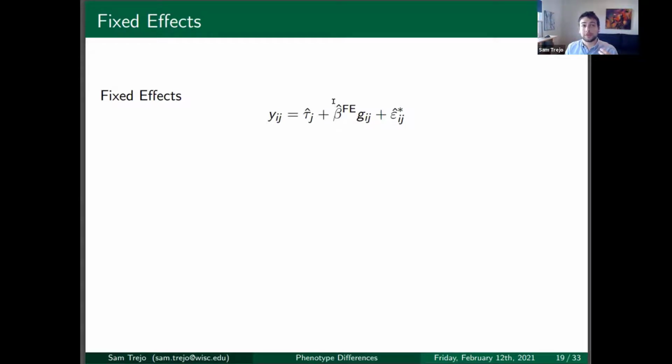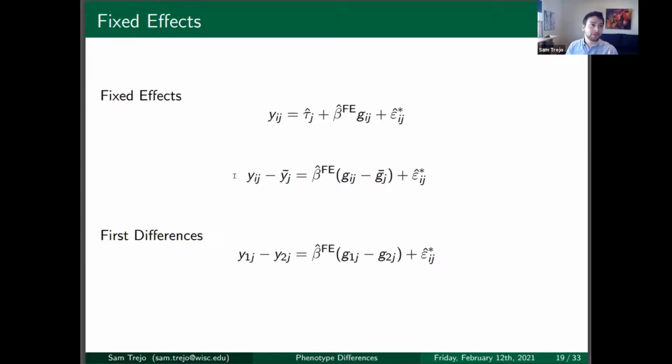And then we estimate the association between their genes and their outcome with this family level intercept. There's an alternative expression of this, where you take the within transformation. So we're demeaning every unit within family, which is equivalent to having this family level intercept. And in the case that we're talking about here, where there are only 2 units within each family, fixed effects is actually identical to first differences.